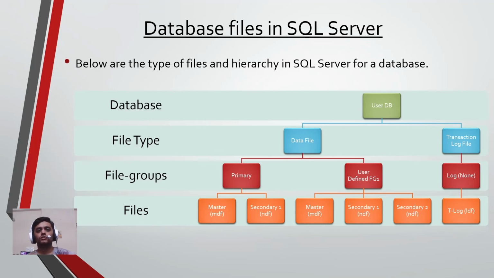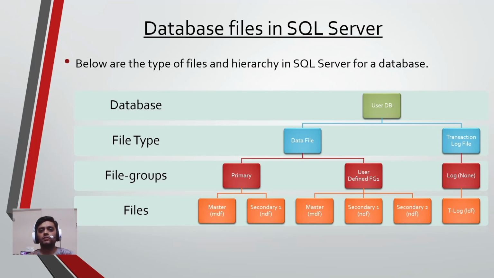That is denoted here, so that you have a primary file group, and then you can have one or more user defined file groups like fg1 here, and then you have master files in each of these file groups. After the first master file, whatever files you create are categorized into the same category, called secondary data files, which are denoted by NDF.